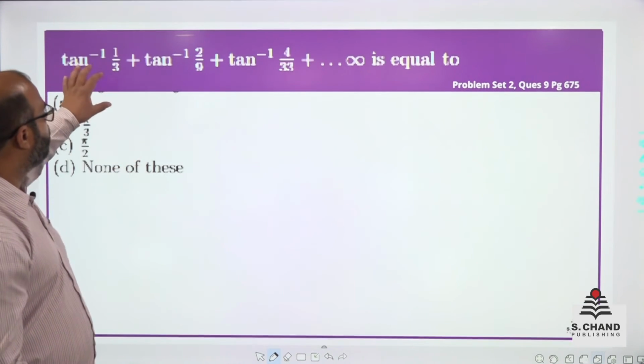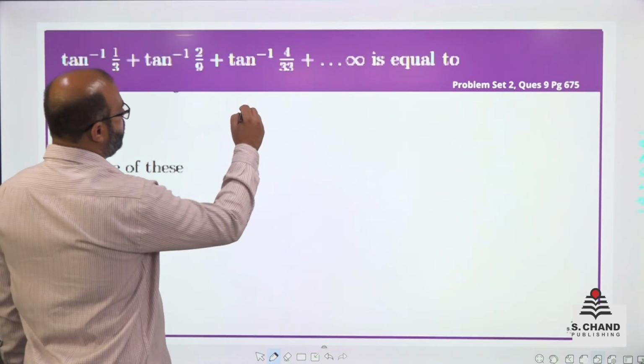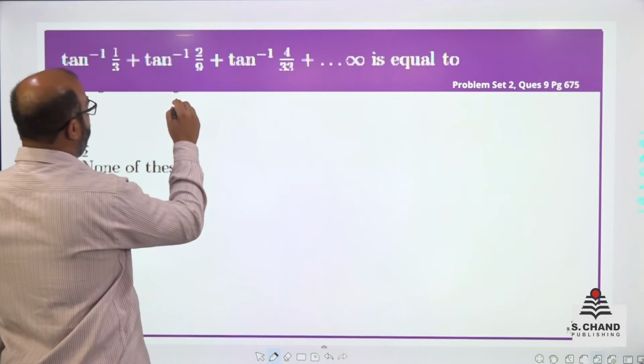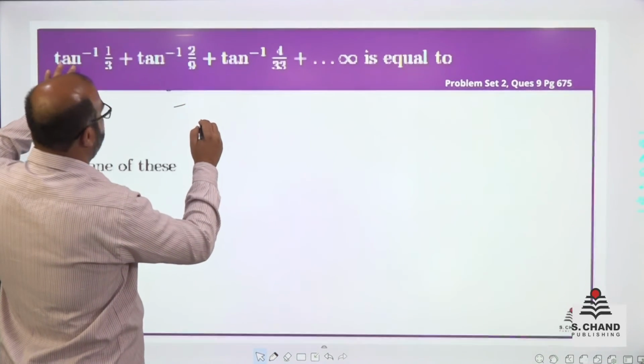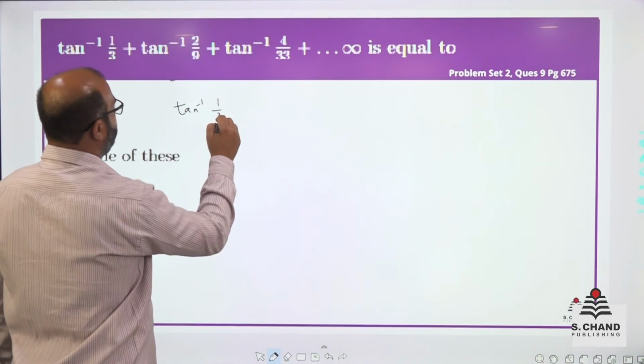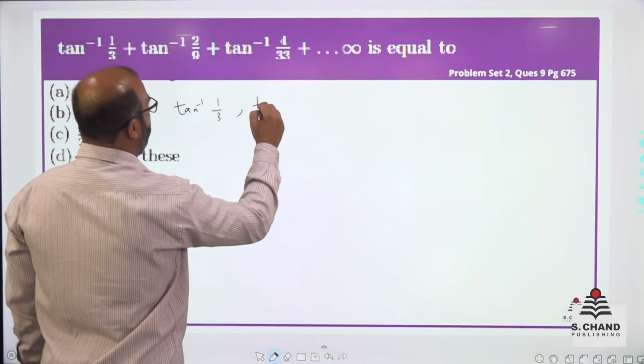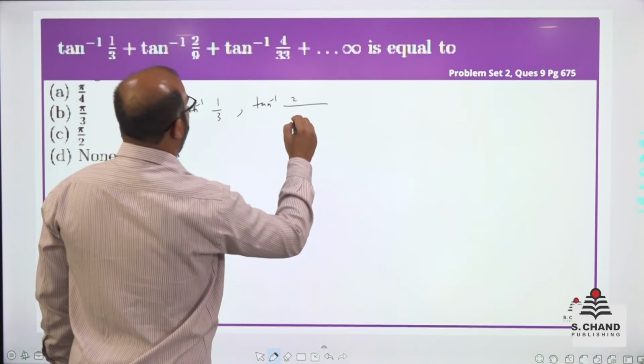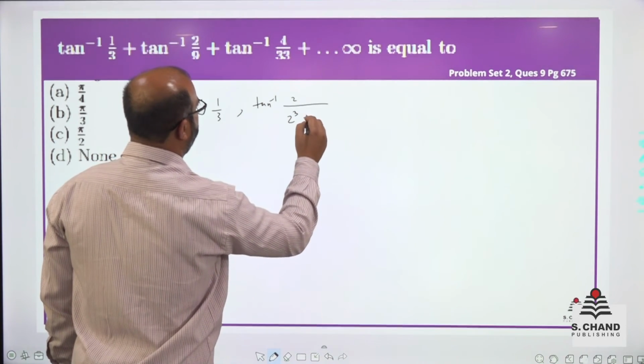First of all, let us see the general term. So if you see the general term, this is actually tan inverse of 1 by 3. Then the second one is tan inverse of 2 upon 2 cube plus 1.